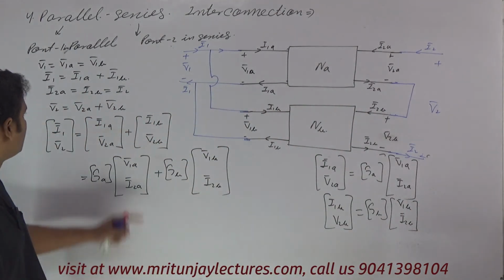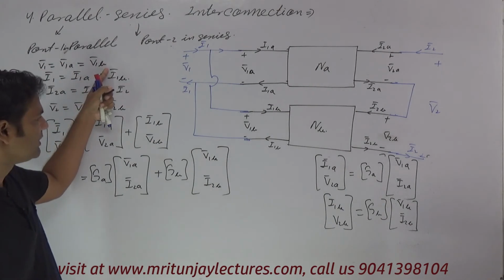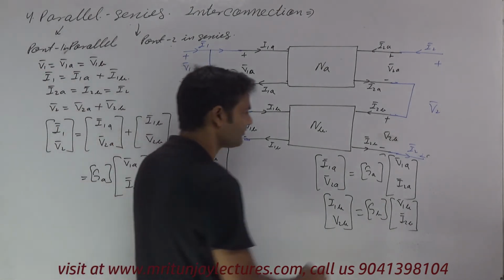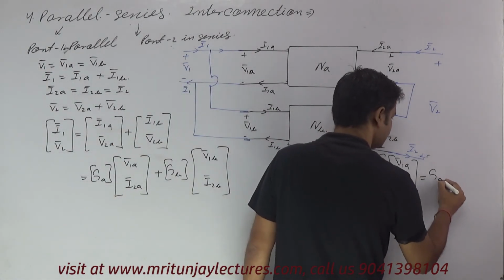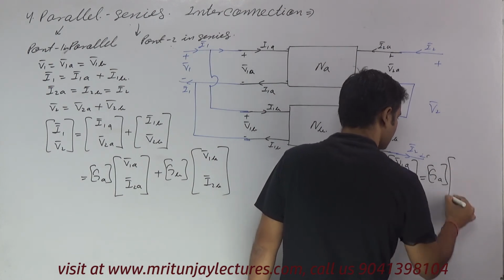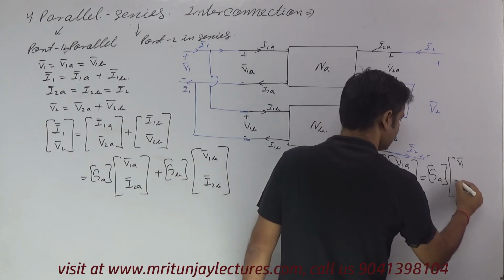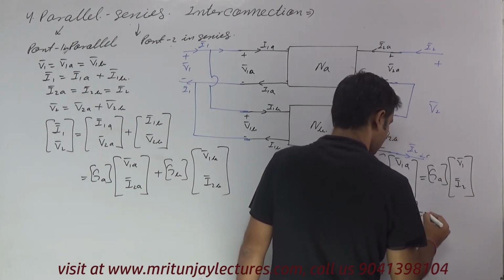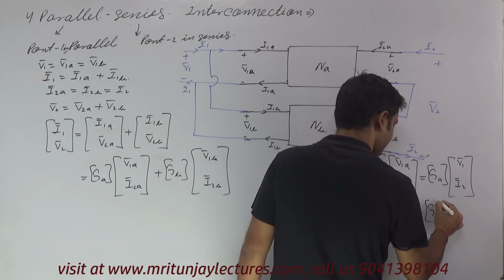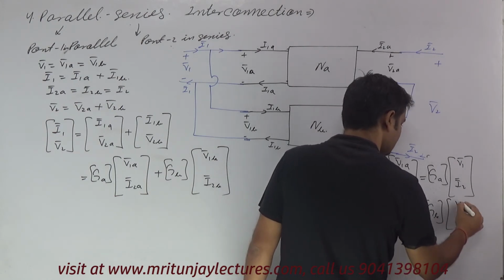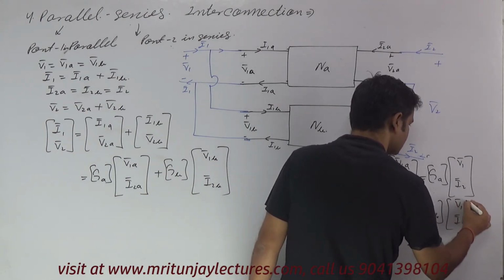Okay, V1A is equal to V1, that is GA, that is V1. Okay, and that is I2, and here GB, V1 and I2.